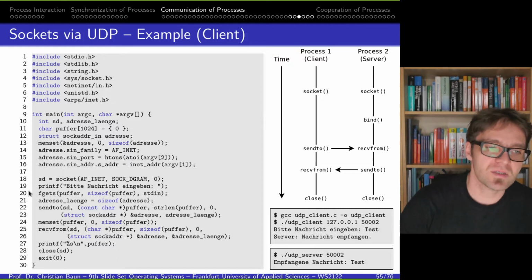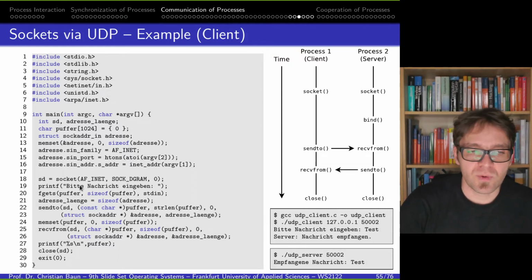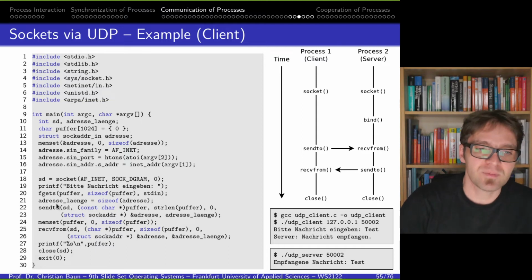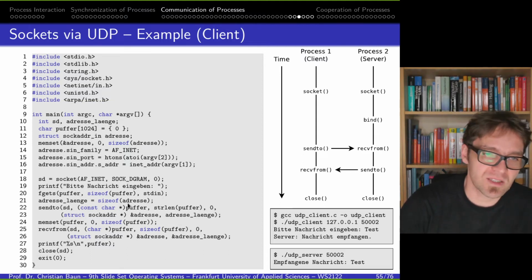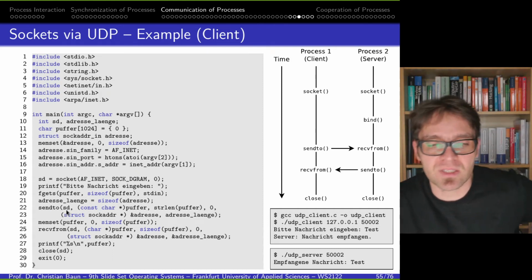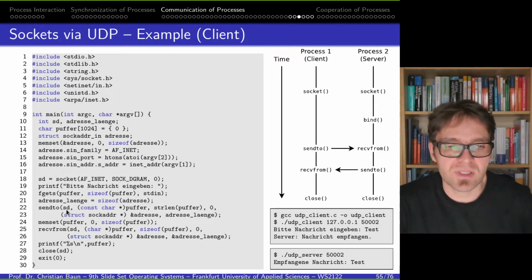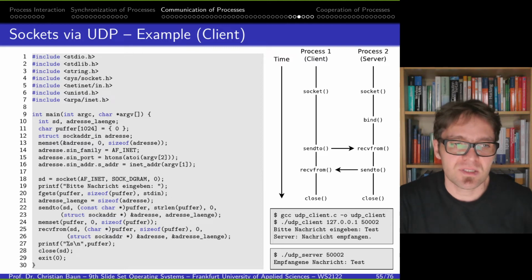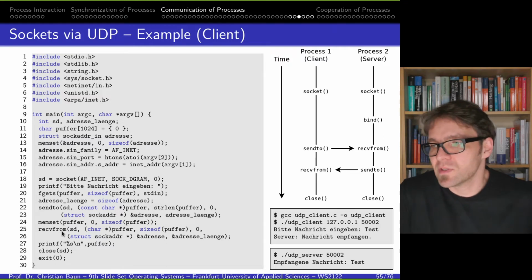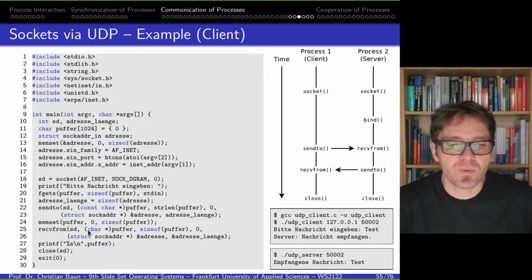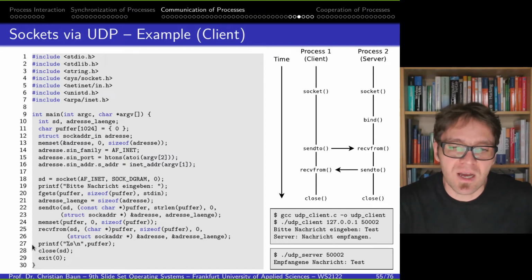We store this message and write it into a send buffer. We calculate the size, and we send this message in line 22 to the socket descriptor. So we will send it to the server. We also receive the information from the server, the message that the server has received something, and we print this out in line 27.